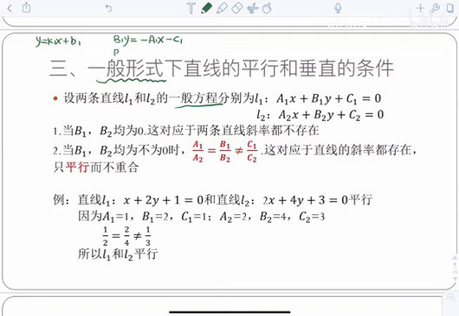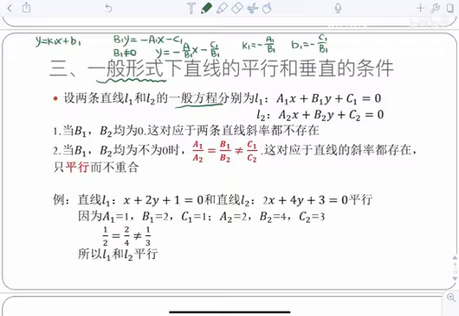When B1 is not equal to 0, y will equal minus A1/B1 x minus C1/B1. So K1 equals minus A1/B1, and b1 will equal minus C1/B1.